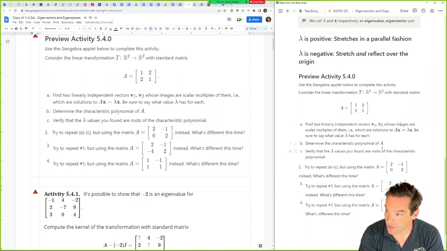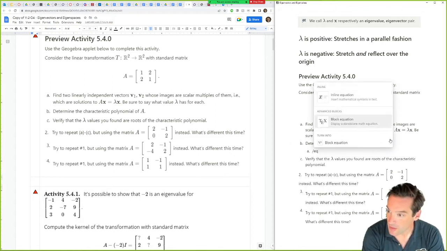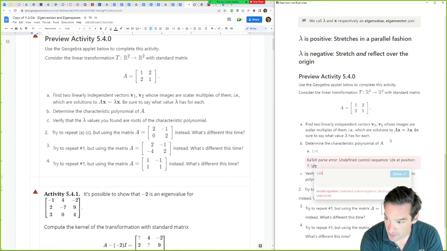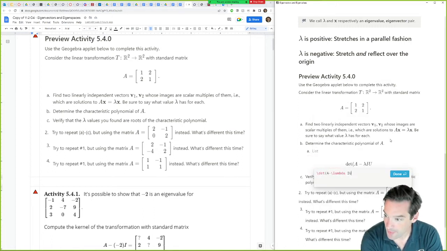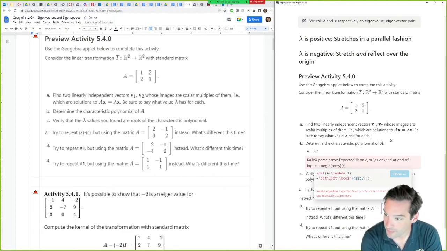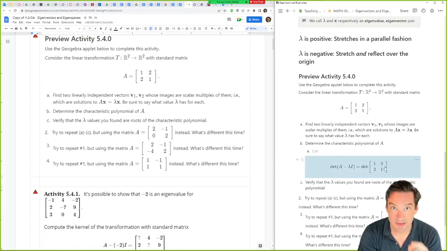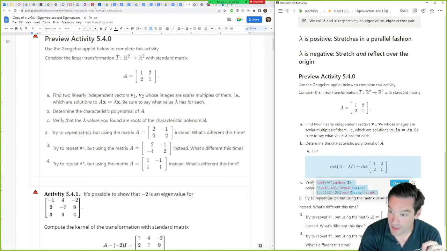What we're doing when we're trying to find the characteristic polynomial of a matrix is we are just trying to take the determinant of that matrix minus lambda times the identity. And so the first thing that we do is we just have to compute what is A minus lambda times the identity. And so if I take 1, 2, 2, 1 as my matrix, and I subtract lambda times the identity matrix, remember the identity matrix is 1, 0, 0, 1, right, for the 2 by 2 case.